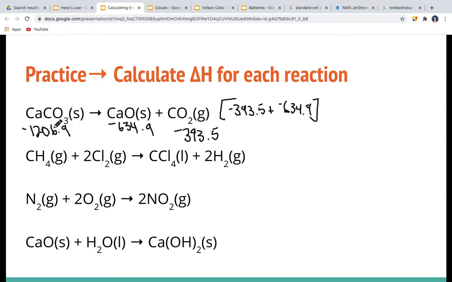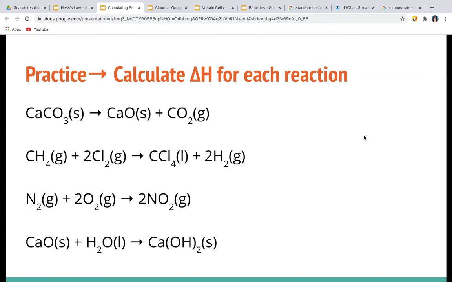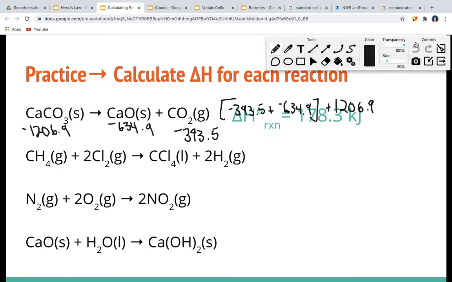We're going to subtract from that the negative 1206.9, so that's like adding 1206.9. So if we do that, we should get 178.3 kilojoules. Okay?